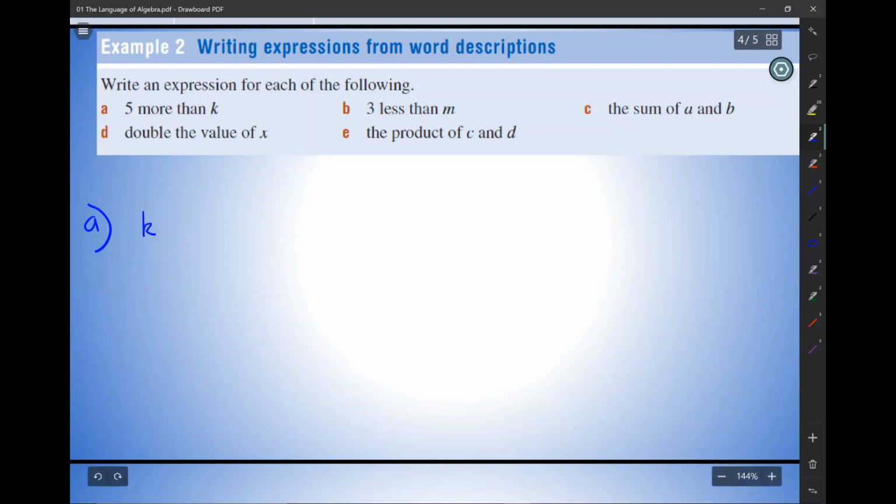So if we want to get 5 more than k, we have to start with k and add 5. It's going to work the same here in part B. To get 3 less than m, we have to start with m and take away 3. Now, as I mentioned before, this word sum means plus. So the sum of a and b is a plus b.